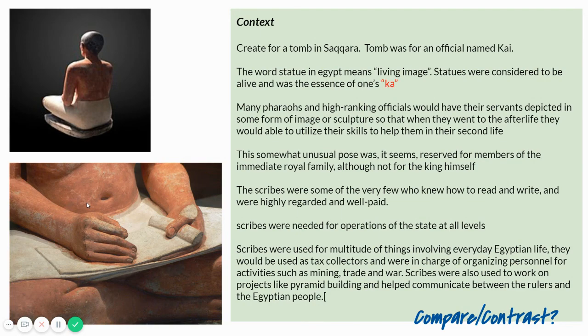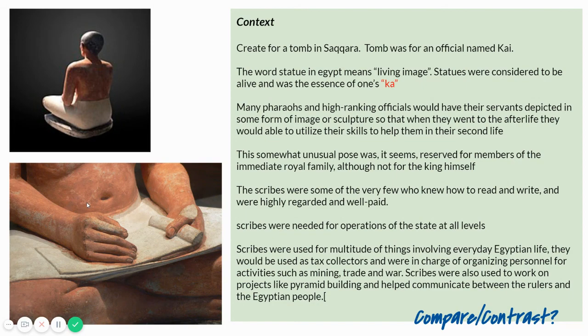And then there was the belief that this spirit and this soul would travel to the afterlife with their pharaoh or with the high-ranking official, and then once they arrived in the afterlife, would be able to utilize their skills to now help them in their second life.